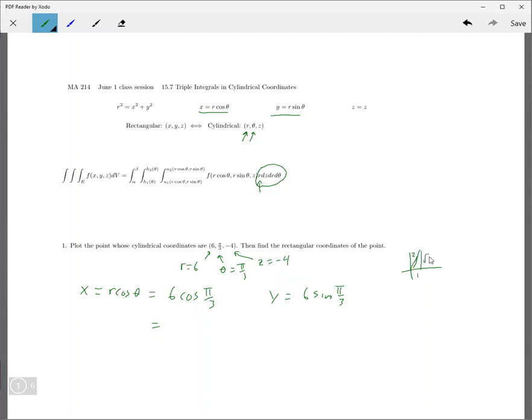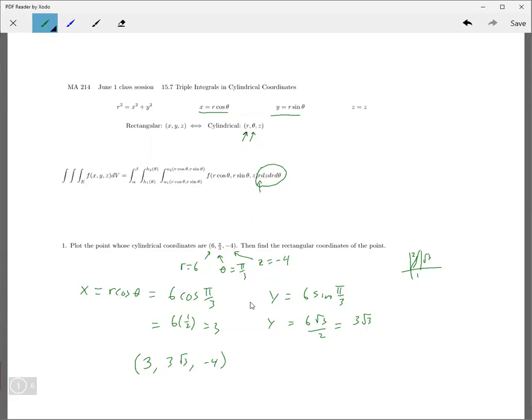So cosine is 1/2, and sine is √3 over 2. So that's going to be 3 and 3√3. So the answer should be x is 3, y is 3√3, and z is -4. So you just keep the same z.